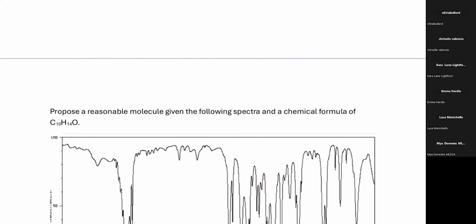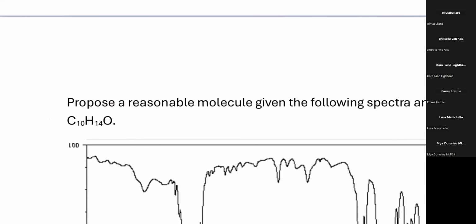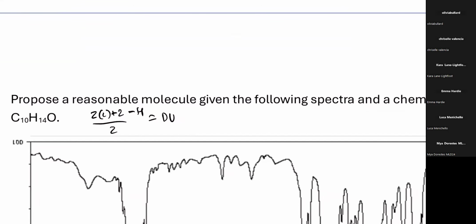So this is spectroscopy. The first thing I'm going to do is the degrees of unsaturation: 2 times carbons plus 2, minus hydrogens, all divided by 2. In this case, I don't have any nitrogens or halogens. That tells me how many double bonds and rings I have.